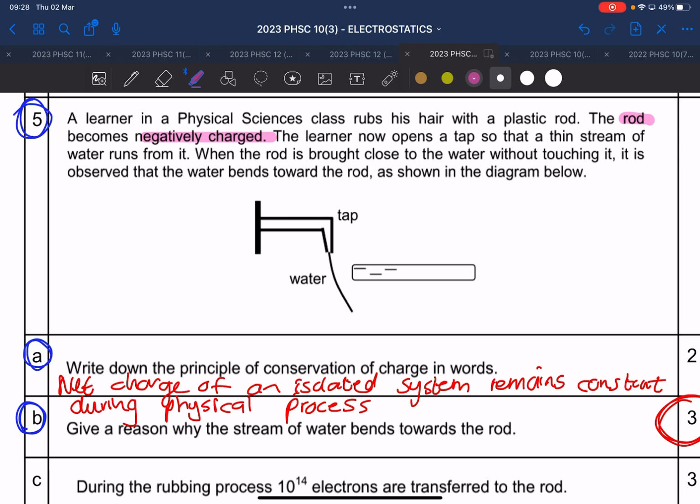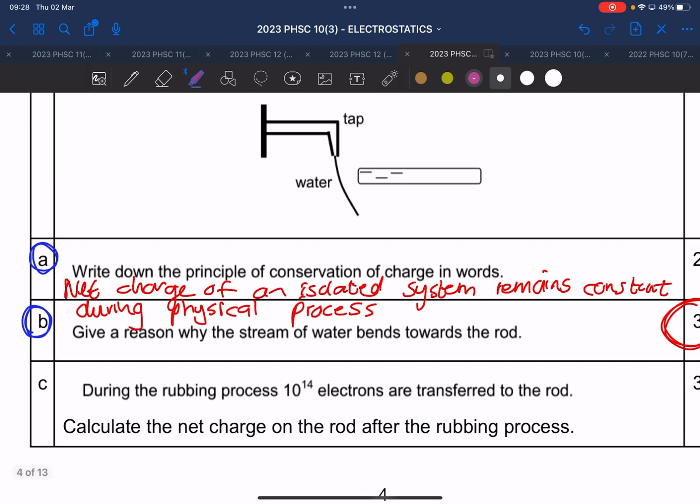Because like the protons... Protons? No, electrons. Like to the front, they go to the edge next to the rod, so that they can get closer.